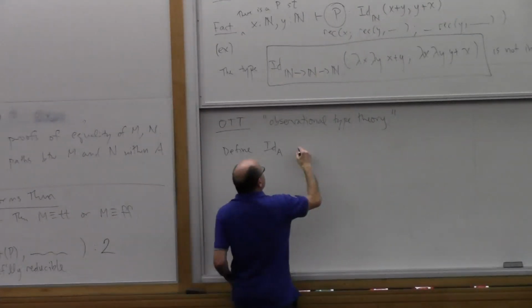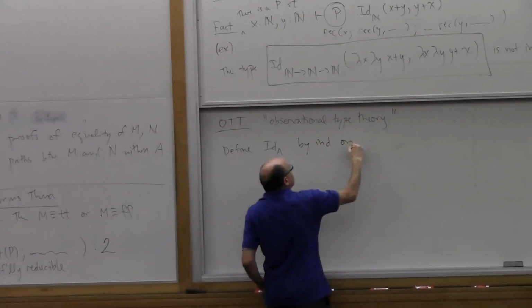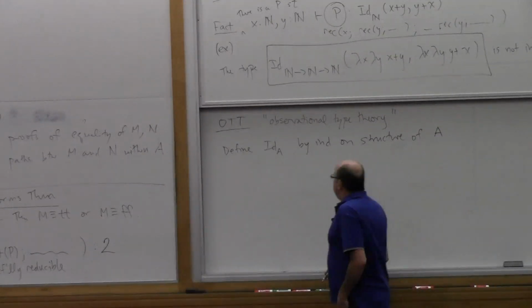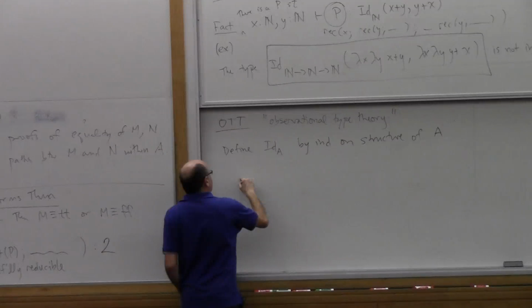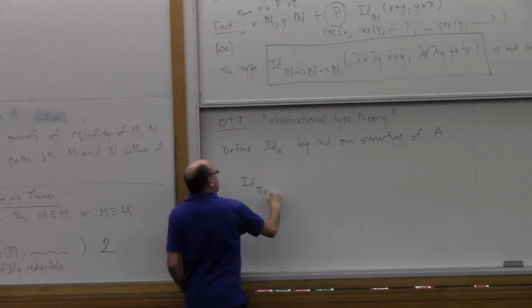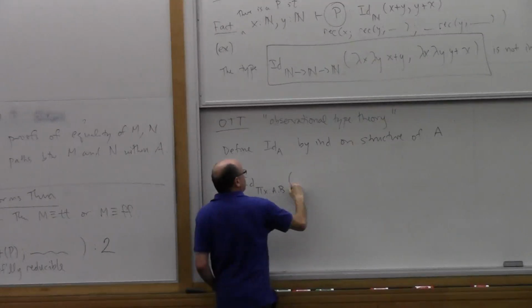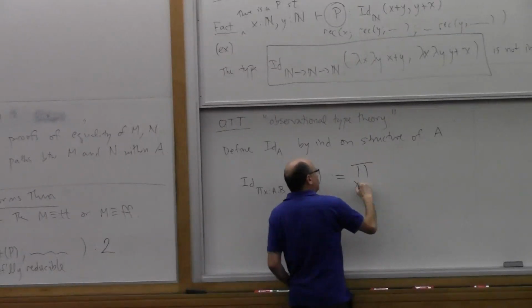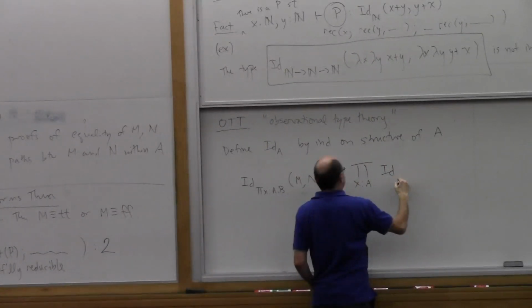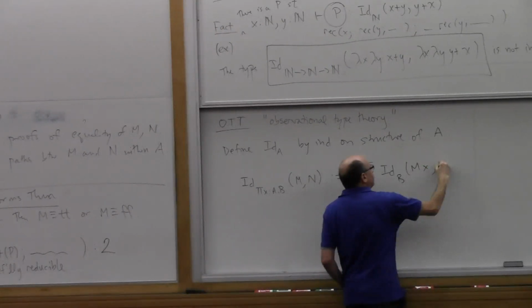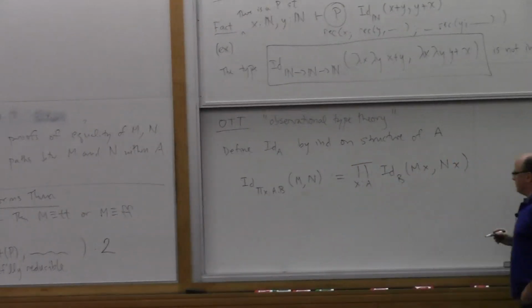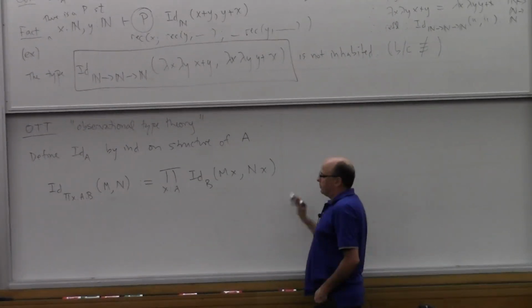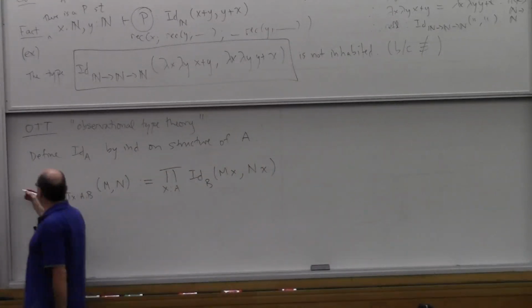And what you do is you define ID of A by induction on the structure of A. And the critical thing is the following: you say the identity at Π x in A, B, let's say M and N, is by definition the product over x in A of the identity at B, of M x and N x. It is extensionality. And you do other moves for Σ that are similar, but this is where the action is in this discussion. So let me focus on this.